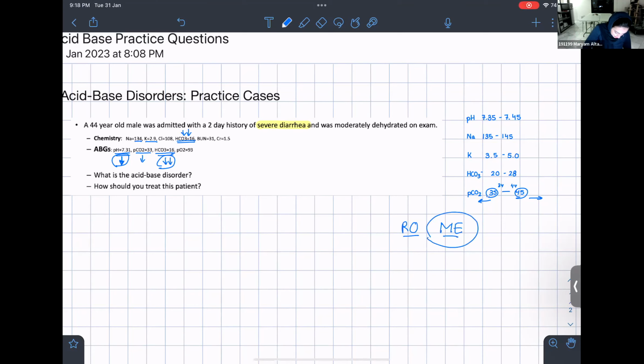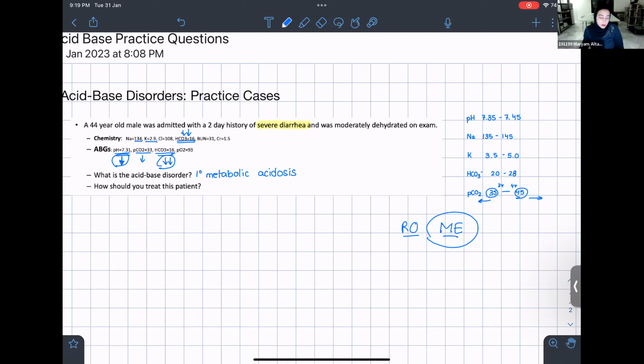So we're currently in this realm. Perfect. So what is the acid-base disorder? You got the primary question. But keep in mind, this patient has a primary metabolic acidosis. Now what we need to know is, is there a secondary disorder or not?